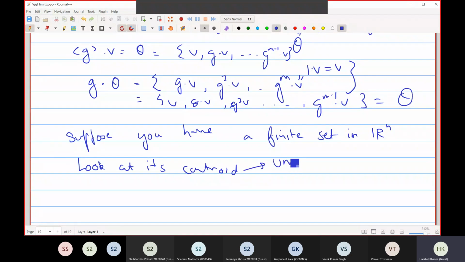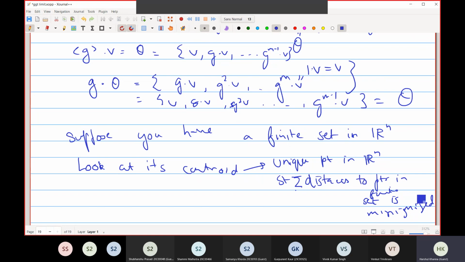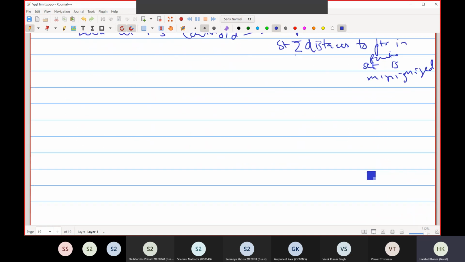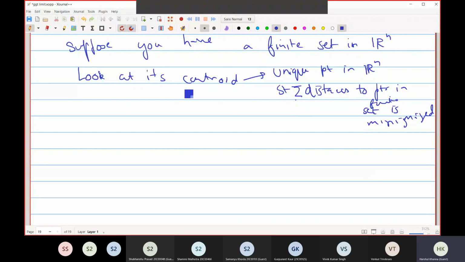This is a unique point in Rn such that the sum of distances to the points in the finite set is minimized. So this centroid is essentially a unique point in Rn. Unique is important.